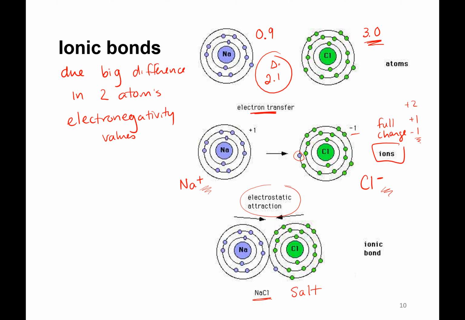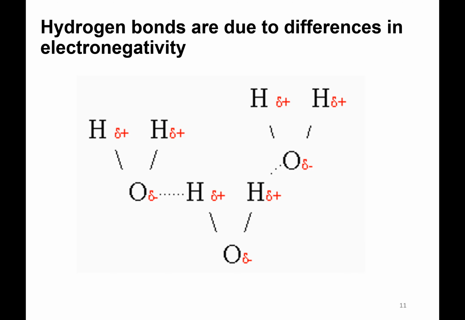Okay, so we've talked about covalent, polar covalent, ionic, and hydrogen bonds, super important to biology. It's also due to differences in electronegativity, but hydrogen bonds are between molecules.